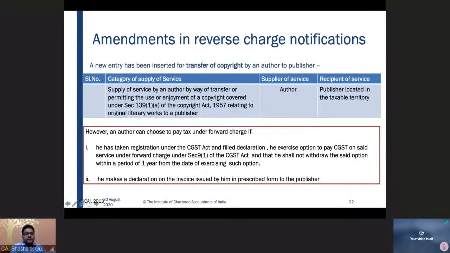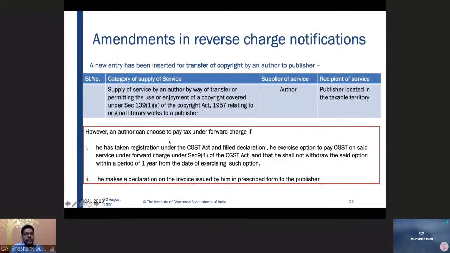Conditions are that the content should be covered under section 13(1)(a) of the Copyright Act. That is, under the Copyright Act there could be various sections, like 13 is this one only, right? So it should be specifically covered under this section. You should learn this section because there could be a trick question also.